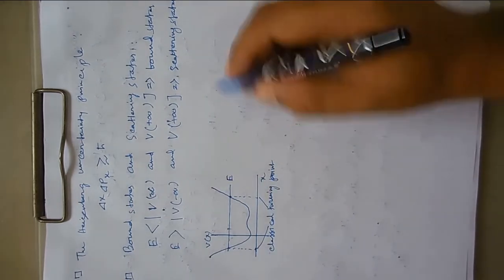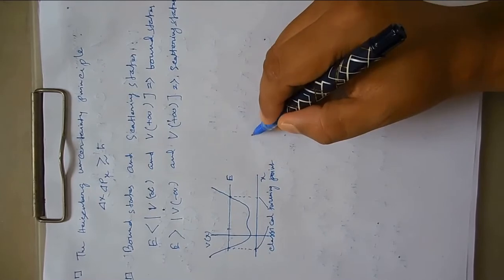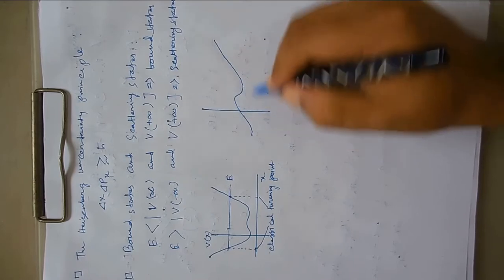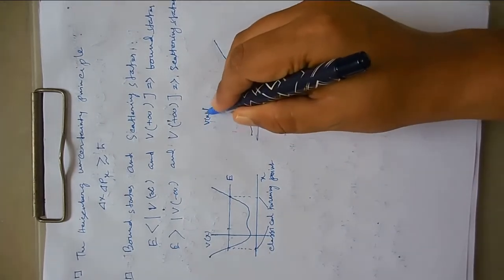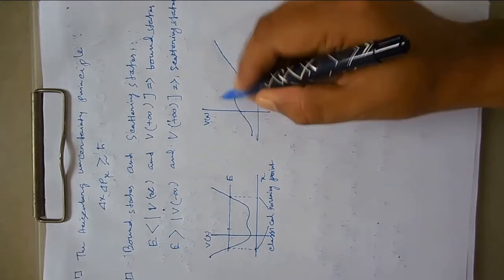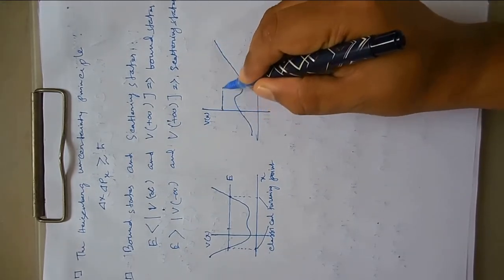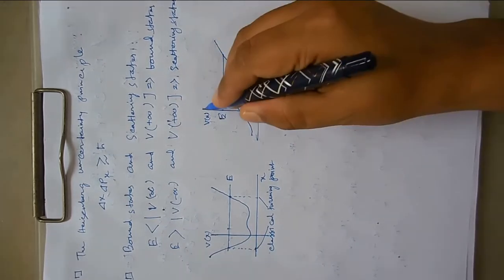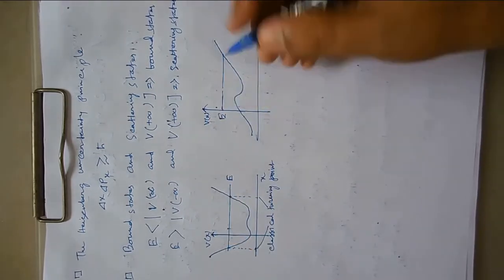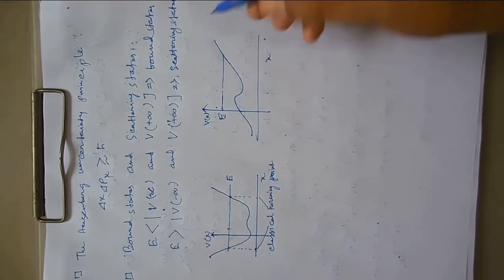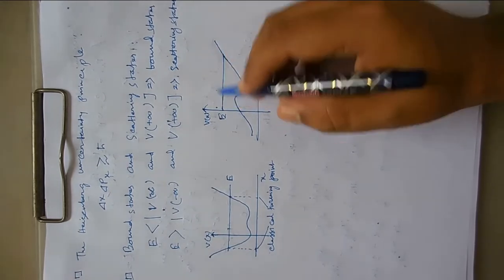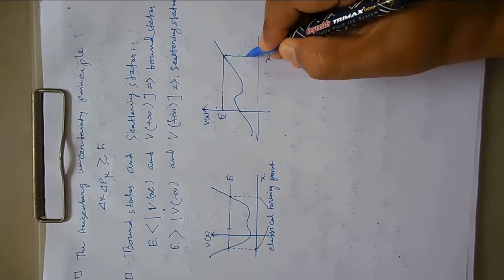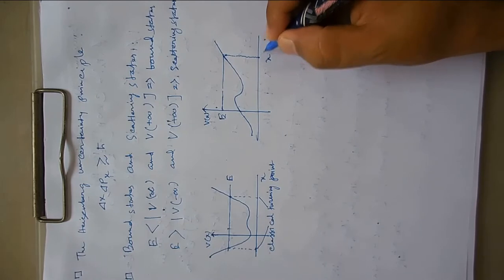Now suppose in another figure I draw it this way, this is the potential, this is the x-axis, and suppose this is E. Now you can see here in the trajectory of the particle that the energy is greater, so there will be only one classical turning point.